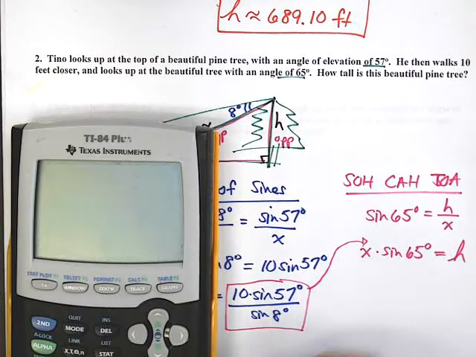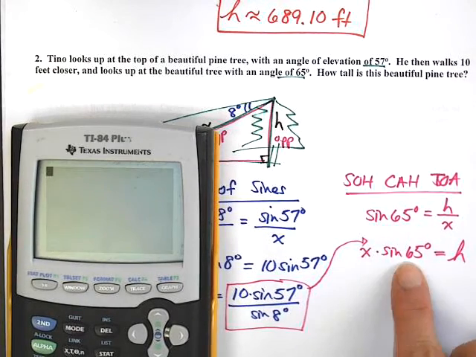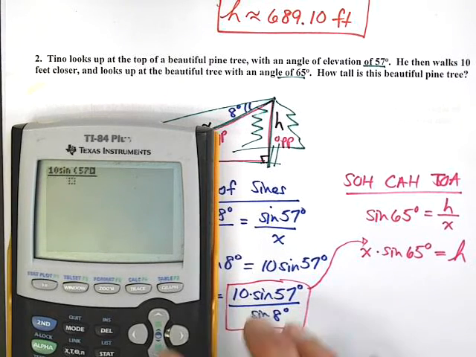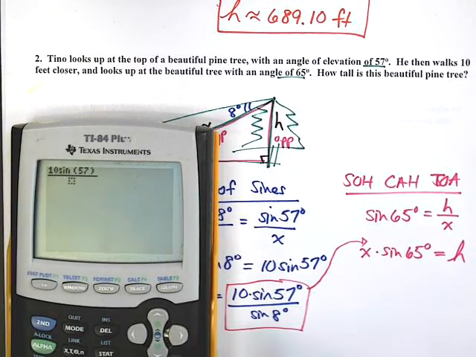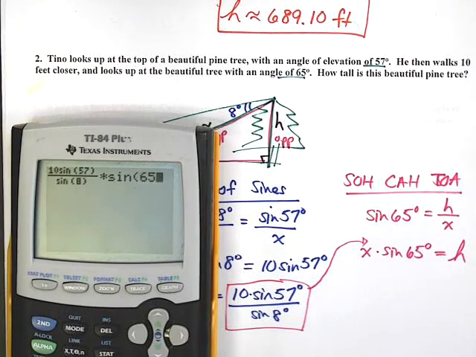You could do it all at once, of course, or you could take the answer and multiply. Okay, so let me just show you. If I use the alpha y equals, stuff is definitely easy. 10 times the sine of 57 divided by the sine of 8. Okay. And you could hit enter, or you could say, let's multiply that by the sine of 65 degrees.